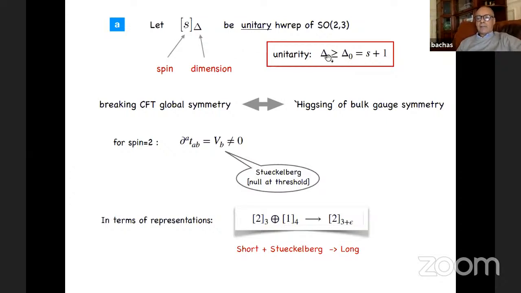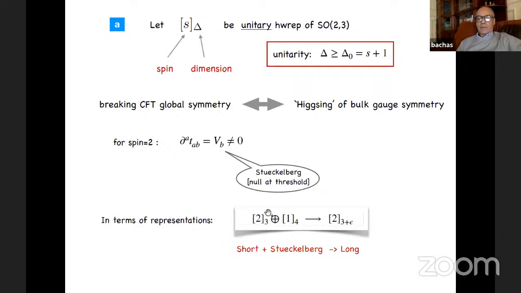And unitarity tells you that delta has to be bigger than the threshold, which is S+1, at least for spins higher or equal to 1. So now the breaking of a global CFT symmetry, which is the Higgsing of the dual bulk gauge symmetry, corresponds to basically breaking the conservation law of the corresponding current. So here, that's the energy momentum tensor. You need something on the other side, a non-vanishing operator. This is the Stueckelberg field, which becomes null at unitarity threshold.